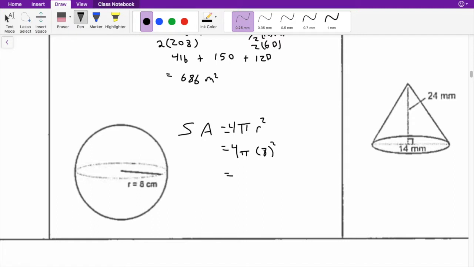So going to equal, let's go over my calculator, 4 times pi times 8 squared equals, and I know that someone already has this written down, it's 804 centimeters squared. Good.